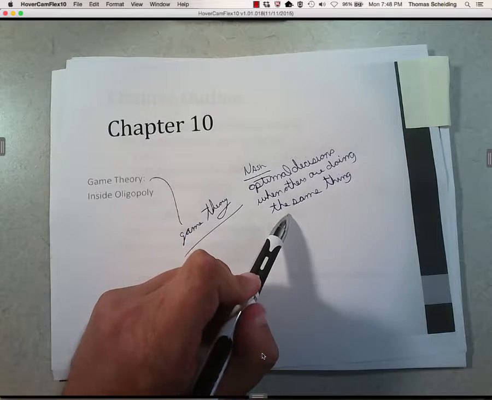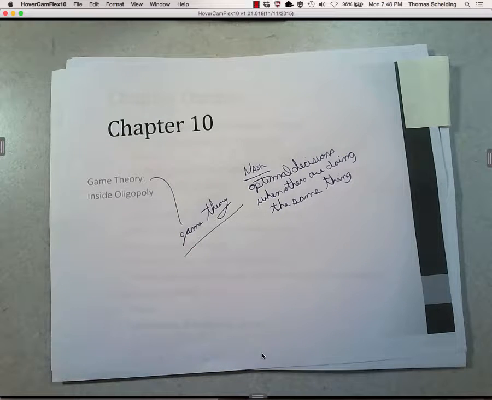So if you saw the Beautiful Mind movie, this would be the scene where they're at a bar and these guys all want to hook up with this one woman at the bar, and John Nash realizes, okay, well, if all the guys try to go after this one woman, only one of them is going to get her, and maybe none of them will get her. The idea was if they all ended up going with one of her friends, that they all decided to dance with one of her friends, they would each individually benefit from that.